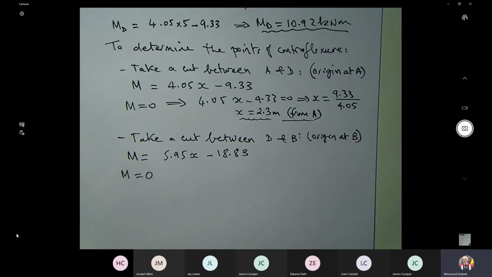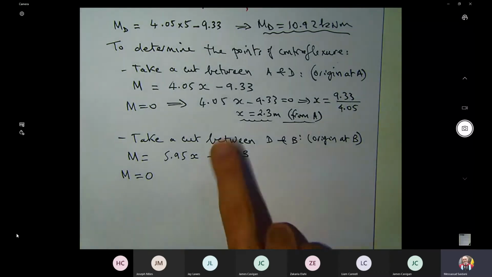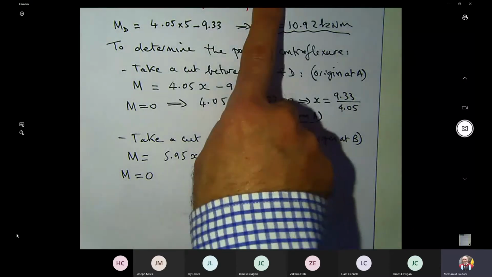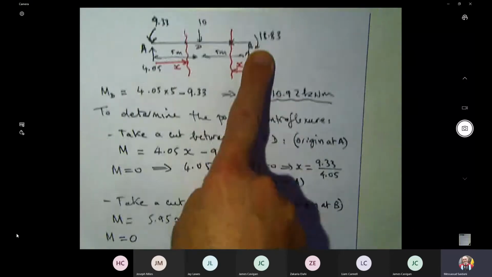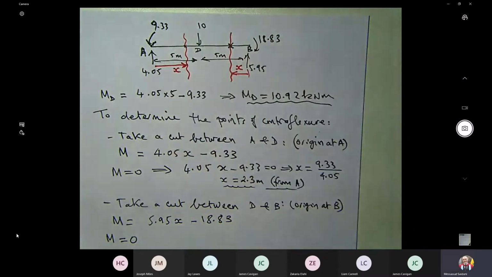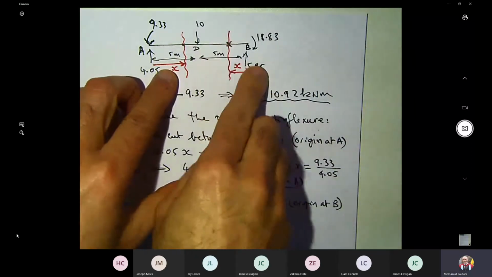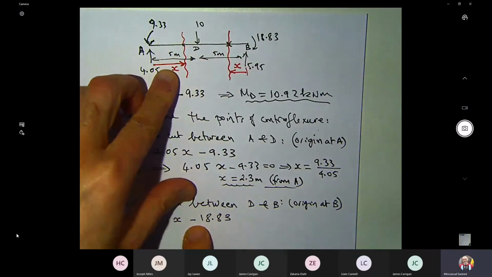So when you're taking the cut, use the sagging, hogging convention. And that's why here we've got minus there and we've got minus there. It's because this moment here, the 1883, is actually making the beam bend this way, which is hogging. So it's minus.